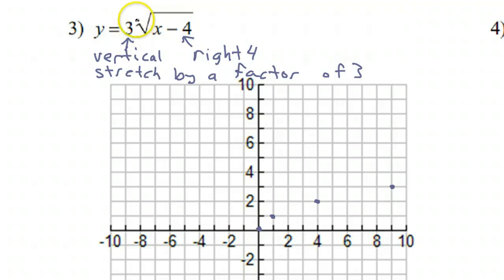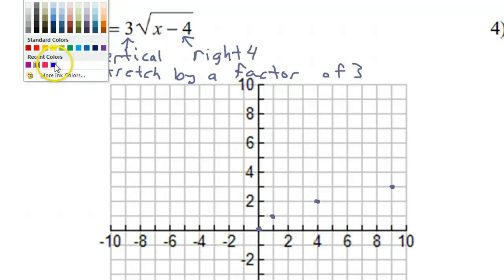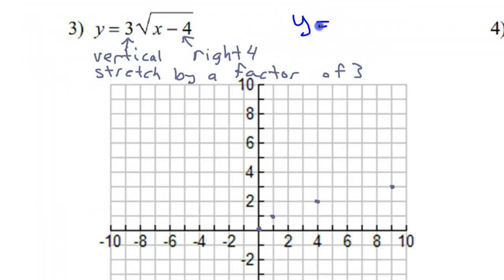When you have an a value, and when I say the a value, I'm referring to this general model where we have a and then x minus h and then plus k. This is the general model of a radical function. So this 3 is the a value.